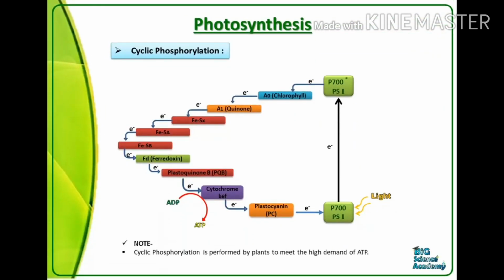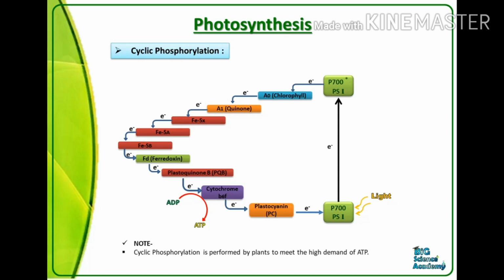Next we will discuss the cyclic photophosphorylation or the cyclic phosphorylation process. Here, as we have seen in the earlier step, that is the non-cyclic photophosphorylation, there are two photosystems involved. One is the photosystem 2 P680 and the other one is photosystem 1 P700.